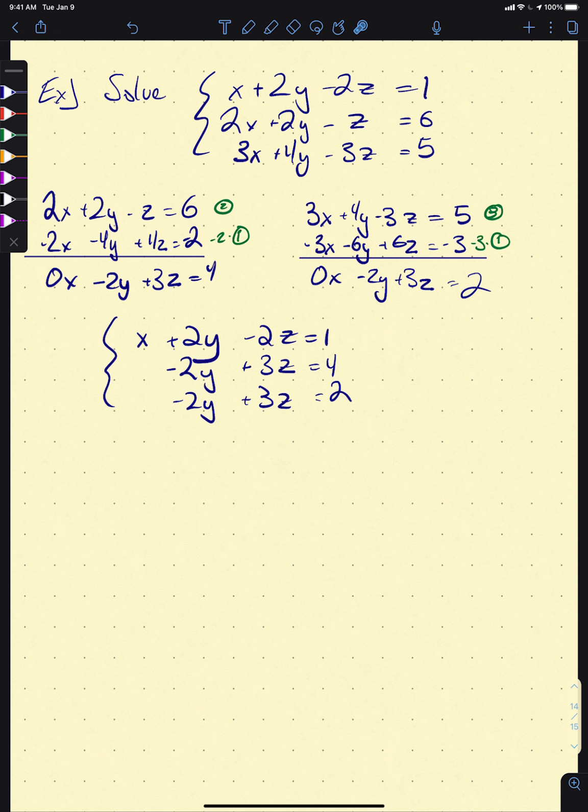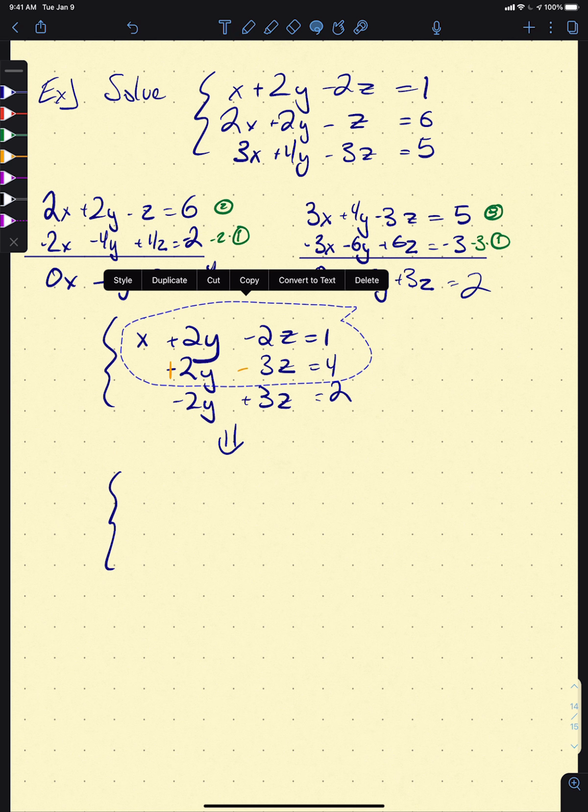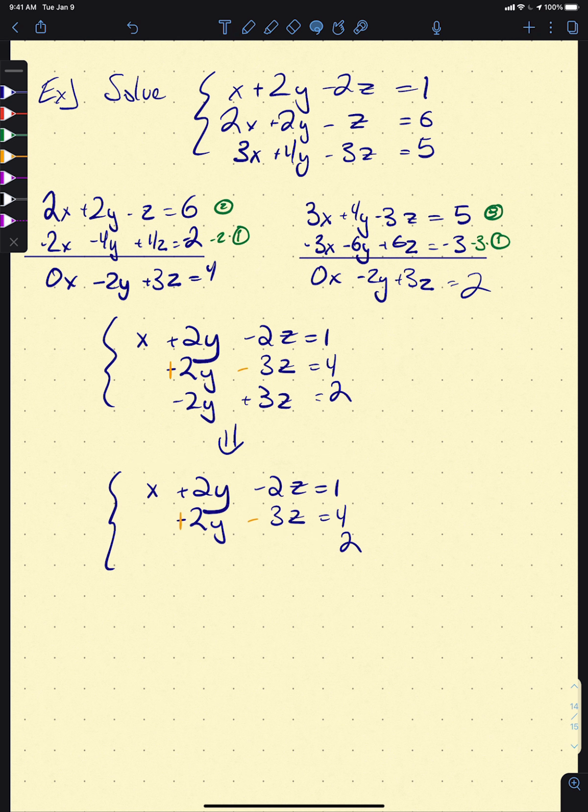So here's what's going to happen, right? If we're trying to change equation 3, we're going to multiply equation 1 by negative 1, right? That's going to give us a plus 2y here, to minus 3y there. And then when I add them, this is what's going to happen. Our first two equations are going to stay the same. So I'll copy and paste those. But that was a minus. That was a plus.